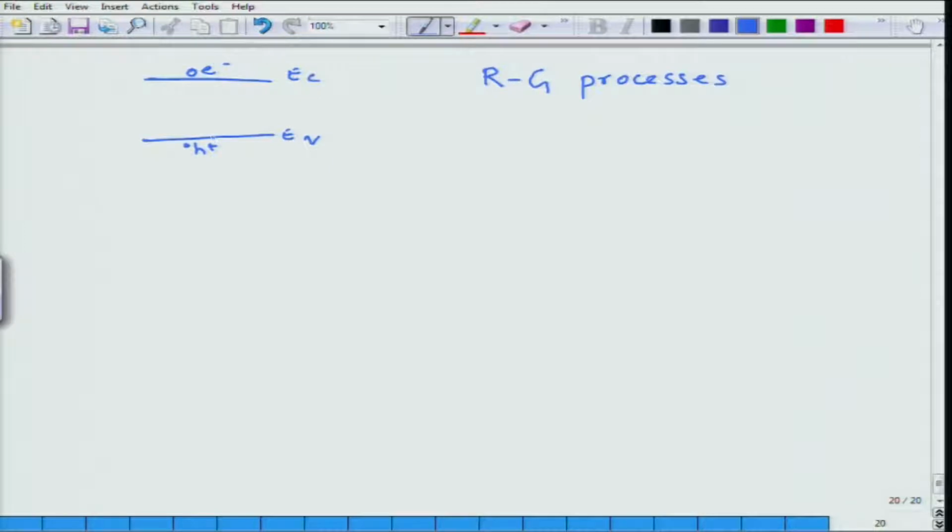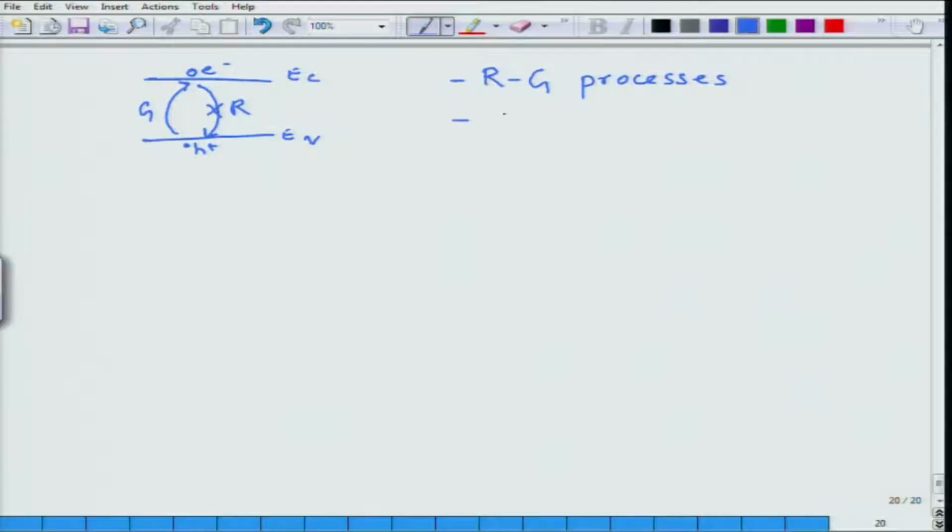In this process we generate, that is generation of carriers, and when these recombine, this is recombination process. We learned different mechanisms which make the RG processes possible, and we also learned how to take into account change in the carrier concentration due to these processes.